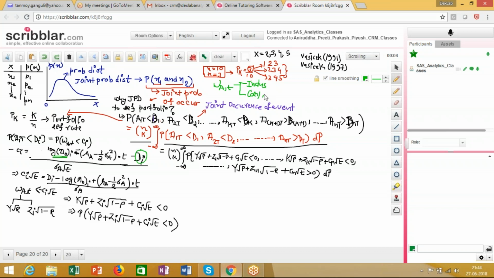So one is y root rho and the other is zi root 1 minus rho. Rho shows the correlation coefficient, the extent of correlation between y and zi.